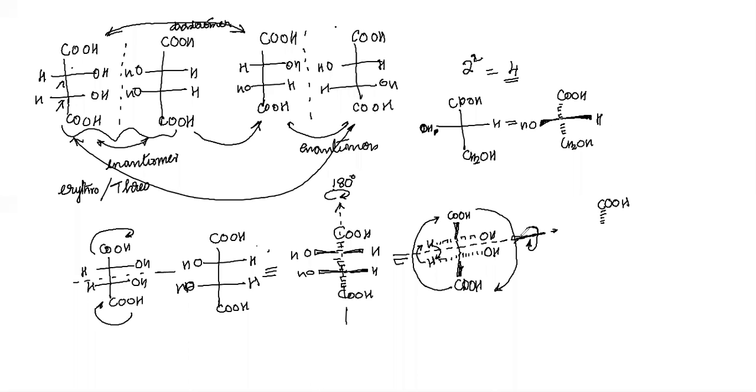Same is the case with OH. So we can draw H here, OH here, H here, OH here, and COOH here.